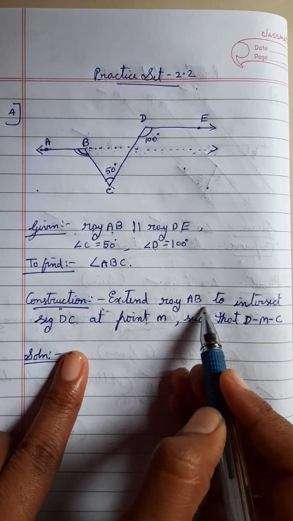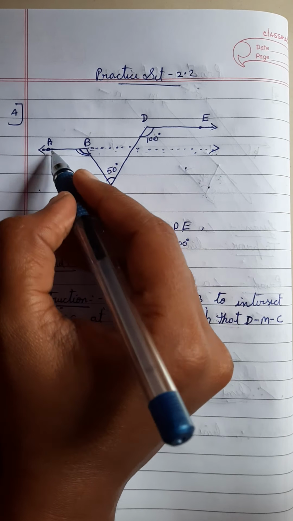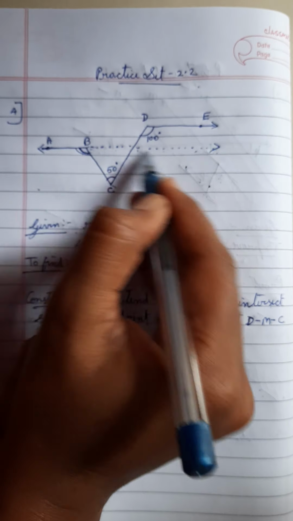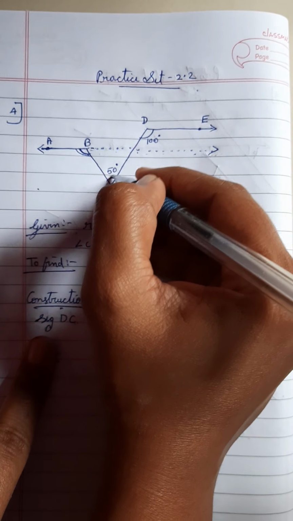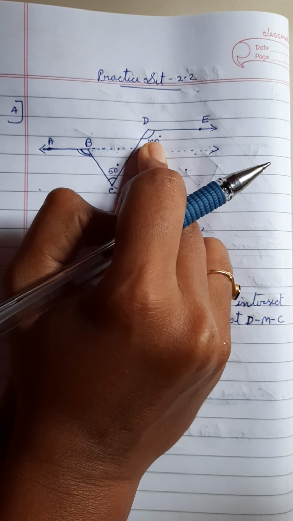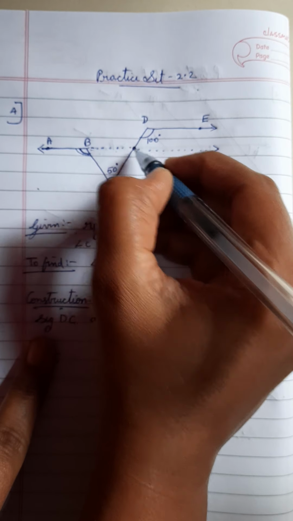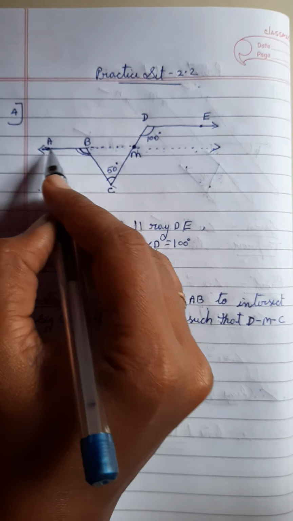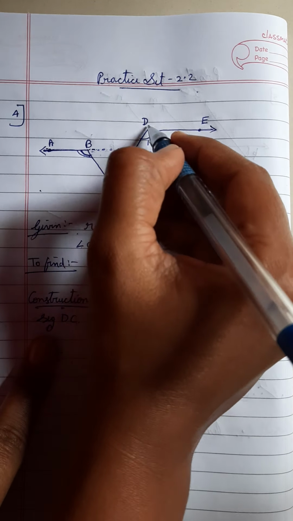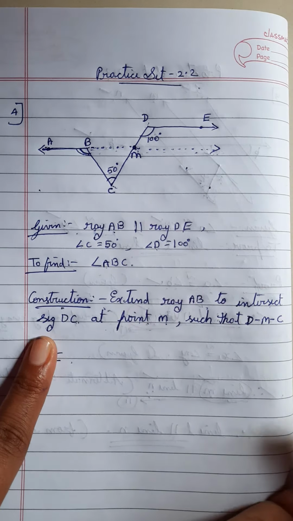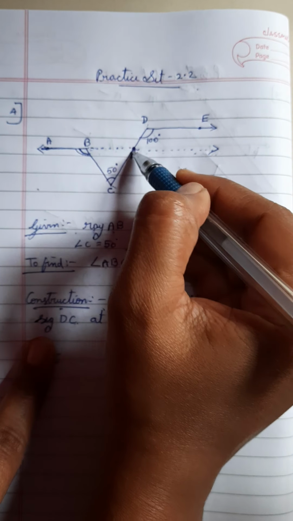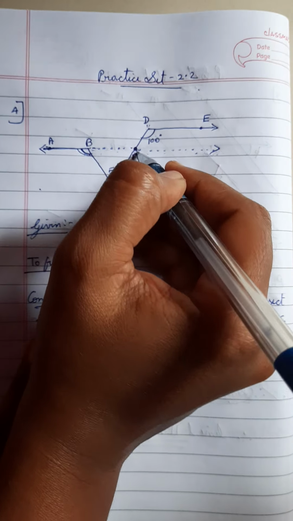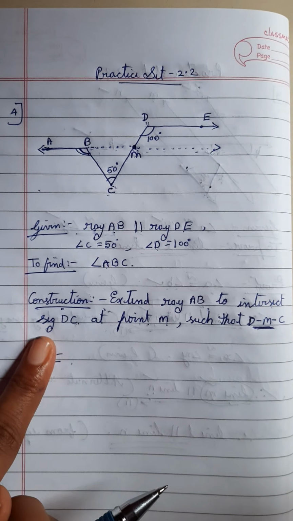Extend ray AB to intersect segment DC at point M such that D, M, C are in a straight line. This is the symbol of a straight line. These 3 points should be in a straight line.